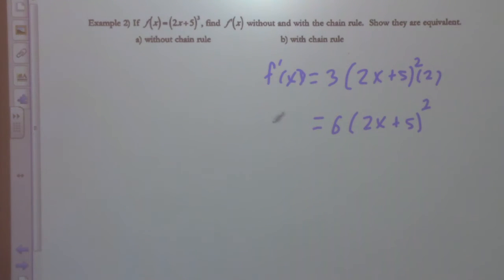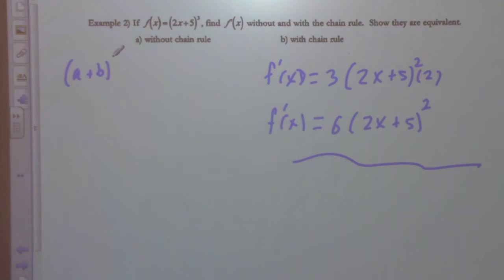And you can expand this out, but one thing I like about the chain rule is, do you have to actually expand this out? No, you really don't have to. This is actually a complete answer. So when you go ahead and expand this out, you're going to have that binomial expansion situation.